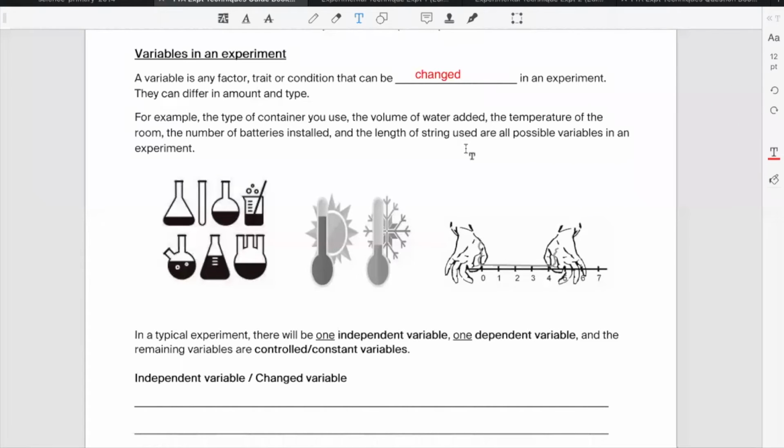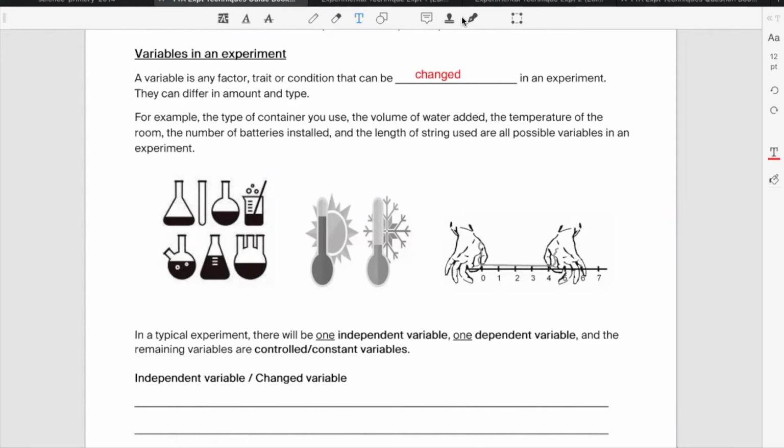But in PSLE or in your exams, you might not know what they will use, so it's good to know what these variables mean. If you look at the bottom, I already wrote for you. Change variable is the same as independent variable. Measured variable is the same as dependent variable. So at least you need to be very clear with both. Play safe, always good to know both of them.